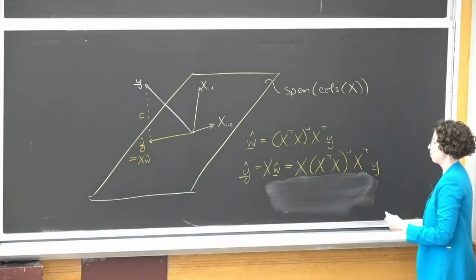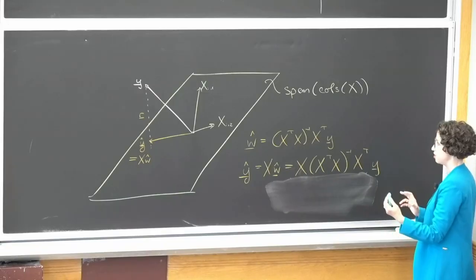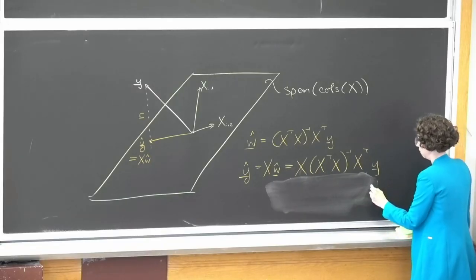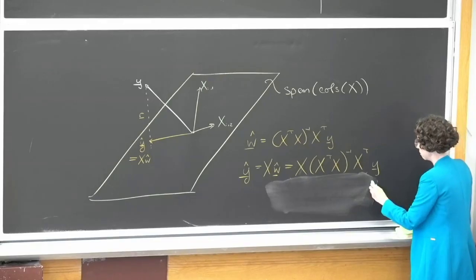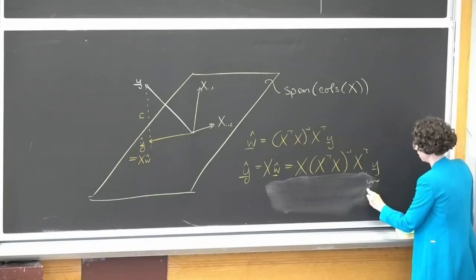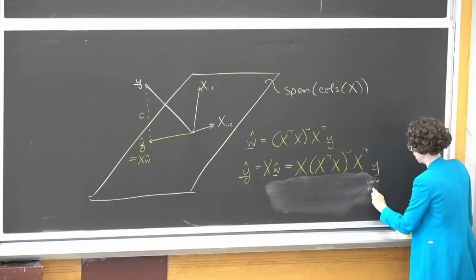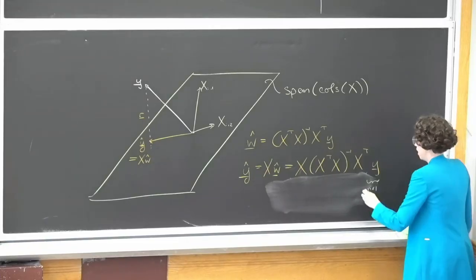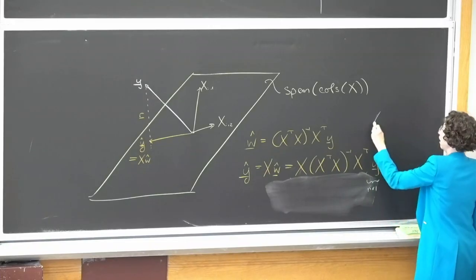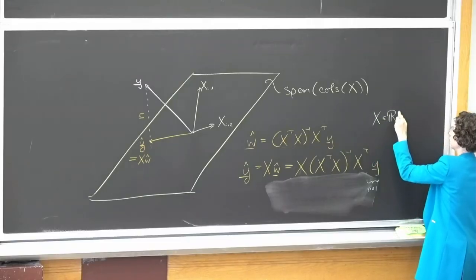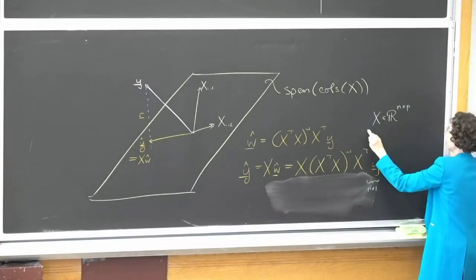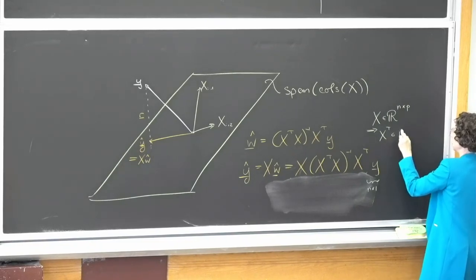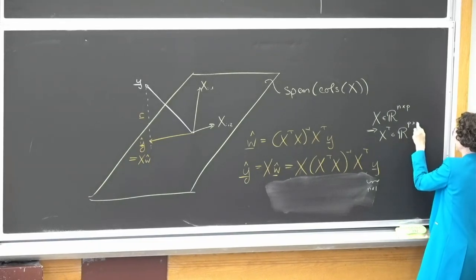There were some diagrams I tried to draw in the notes and on the board. I always think about it myself just in terms of dimensions. So y I think of as being an n by 1 vector, n rows, 1 column. X, remember, is n by p, and that means that X transpose is going to be p by n.